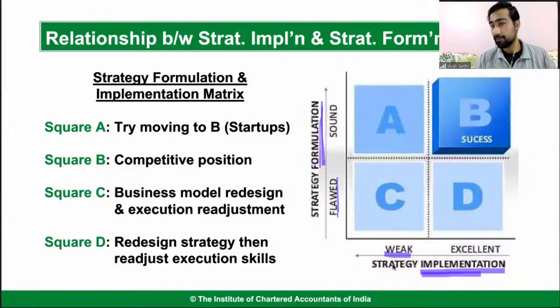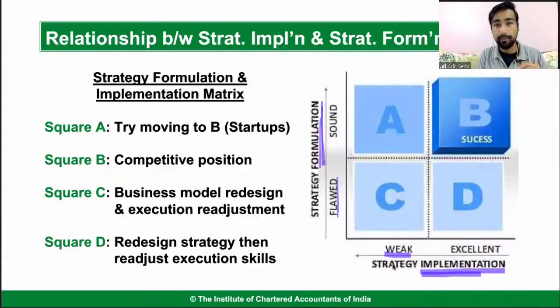Study this matrix carefully. If how I formulate, how I plan, how I develop my strategy is flawed. Flawed means it has a lot of errors, it is incorrect, there is no logic in it, right? So strategy formulation is flawed and my implementation is also weak.